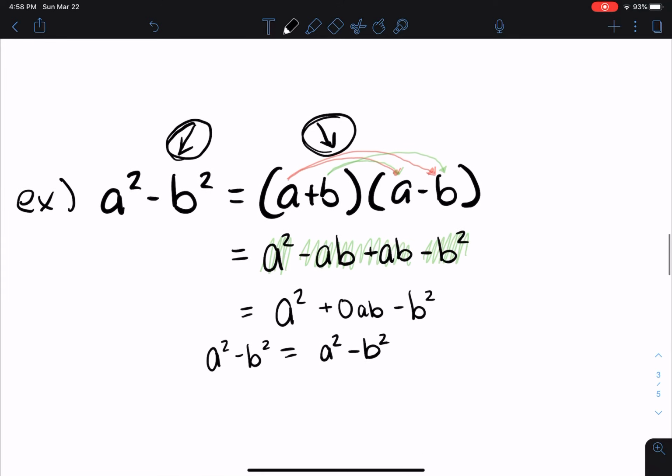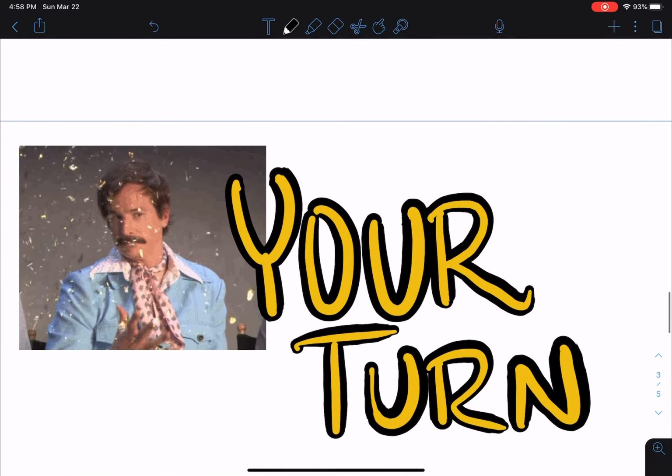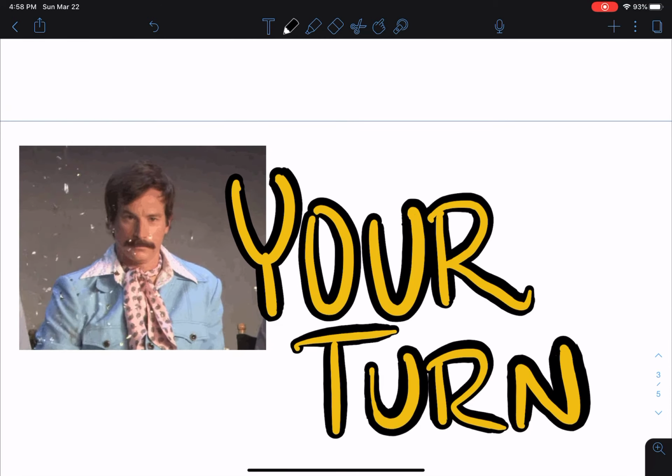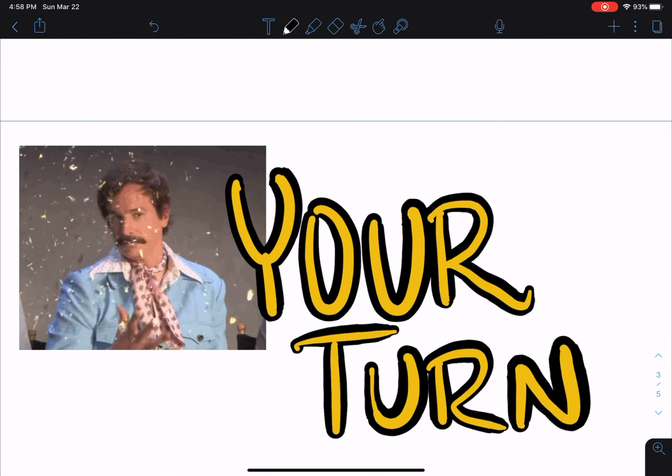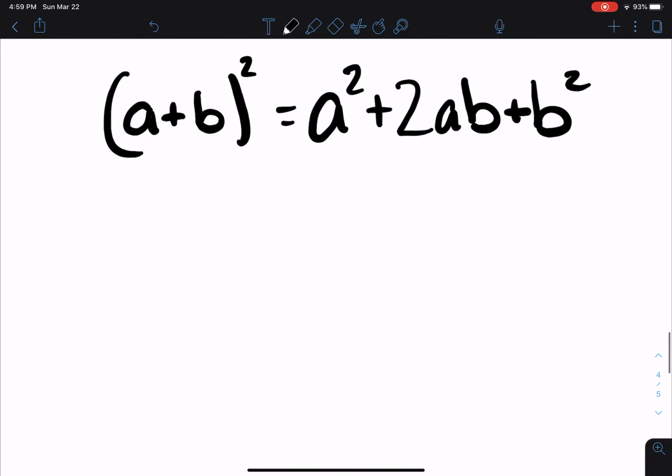So here is your turn. Okay, your turn. So work on this one and turn this in for your exit ticket. So you want to show that a plus b squared, all of that squared, is equal to a squared plus 2ab plus b squared. Get to work. Let's go.